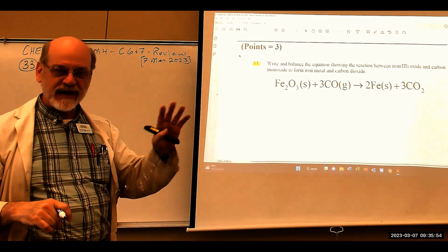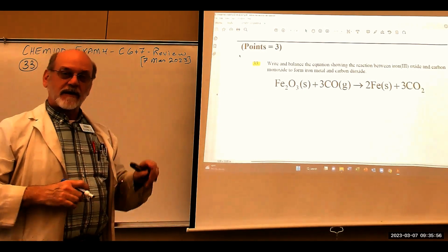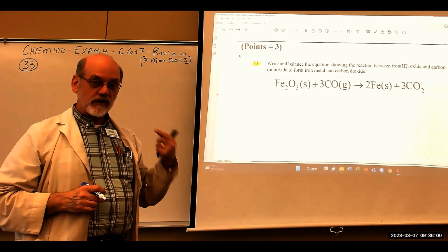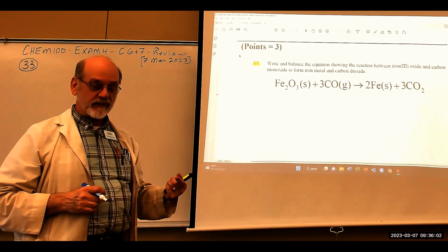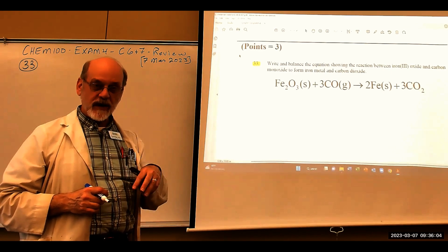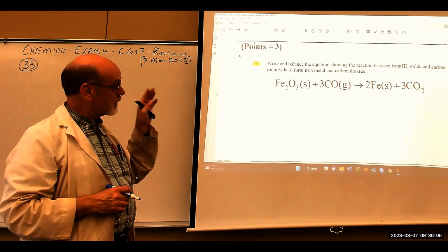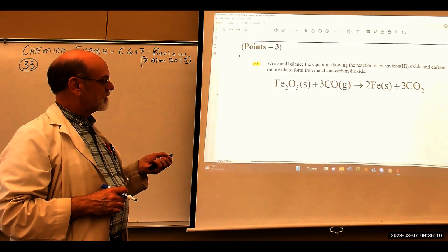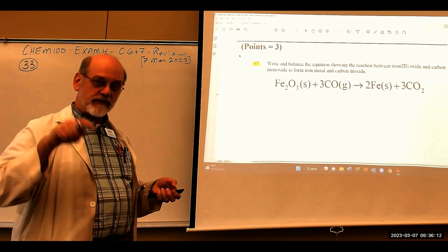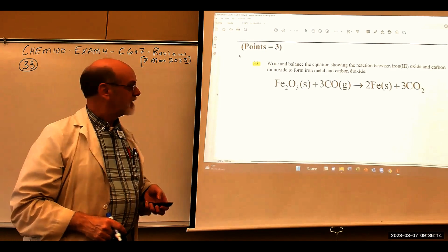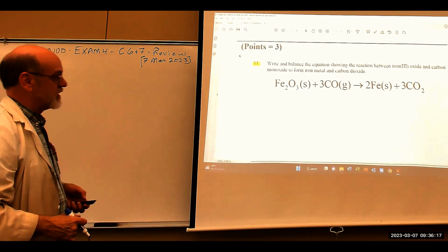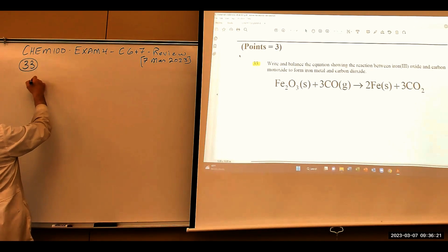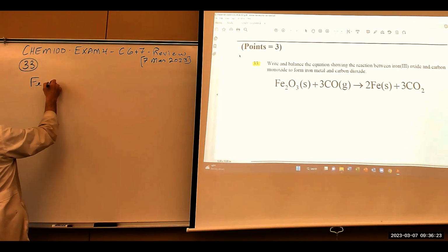It names the compounds. So that's why early on, I wanted you to learn how to write compounds from their names and write names from the compounds. Because when you're confronted with a problem like this, you're not given the formula. You're given the name, and you have to write the formula. So let's balance the equation. Iron 3 oxide. We know it's got iron in it, right? And we know it has oxygen.